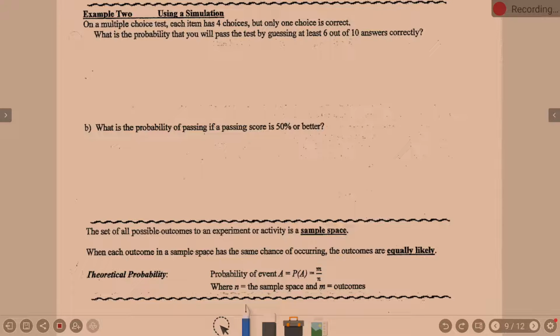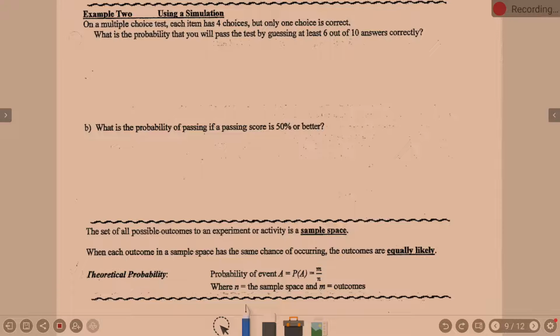So let me... On my calculator, I have an option in my probability to do random, and I'm going to do random integers. Again, not that you guys are going to have to do this, but my calculator's not Python, the newer ones are, but this one's not.